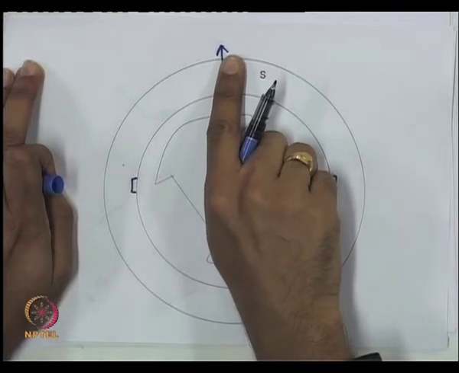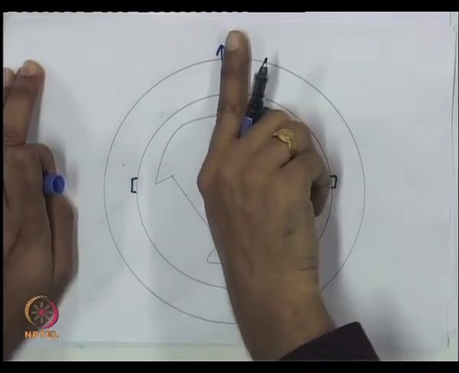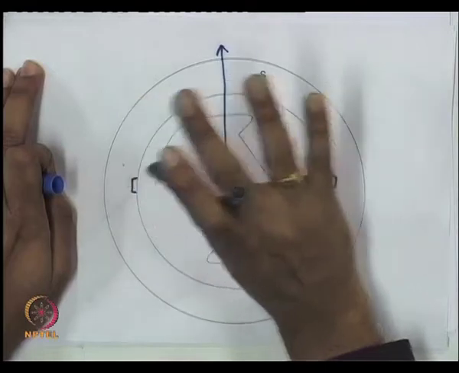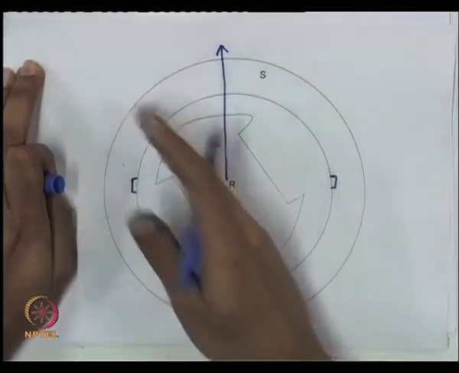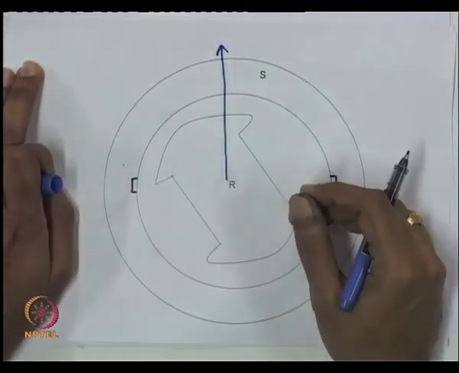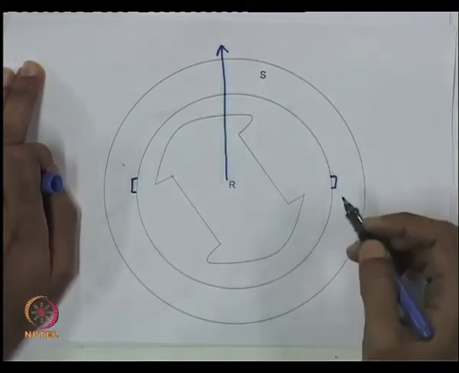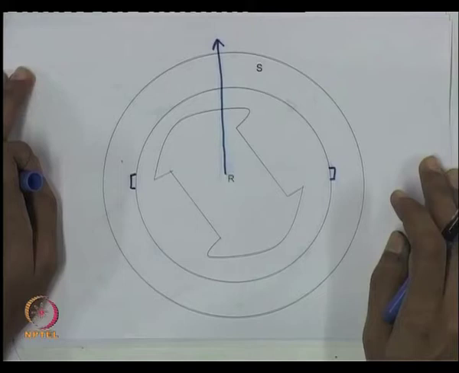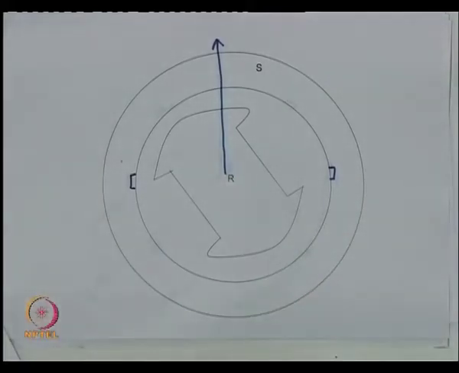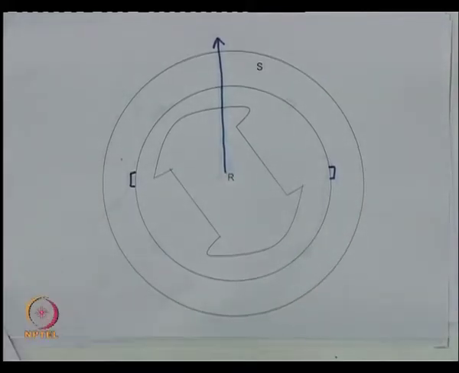Even though the MMF is like this, the flux depends on the reluctance of the path, and the reluctance of the path is not uniform. So, what we will do in the next lecture is try to get the mutual inductance between the A winding and the B winding in case you have got a salient pole machine.